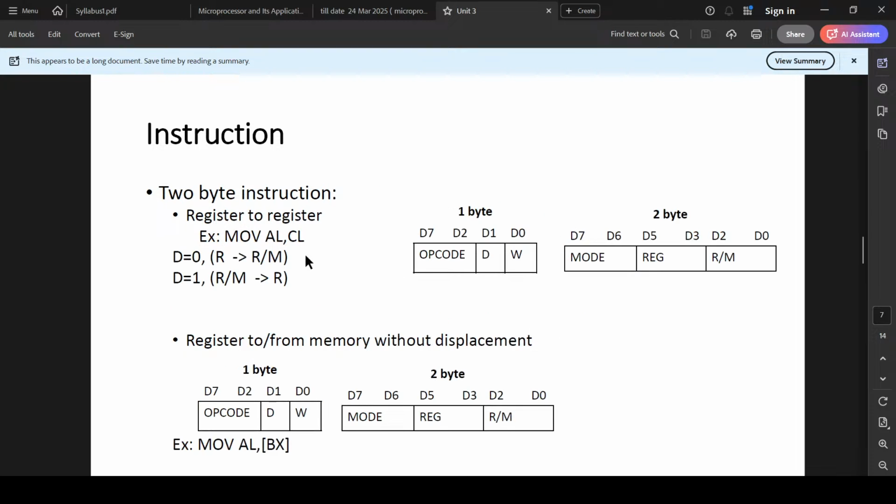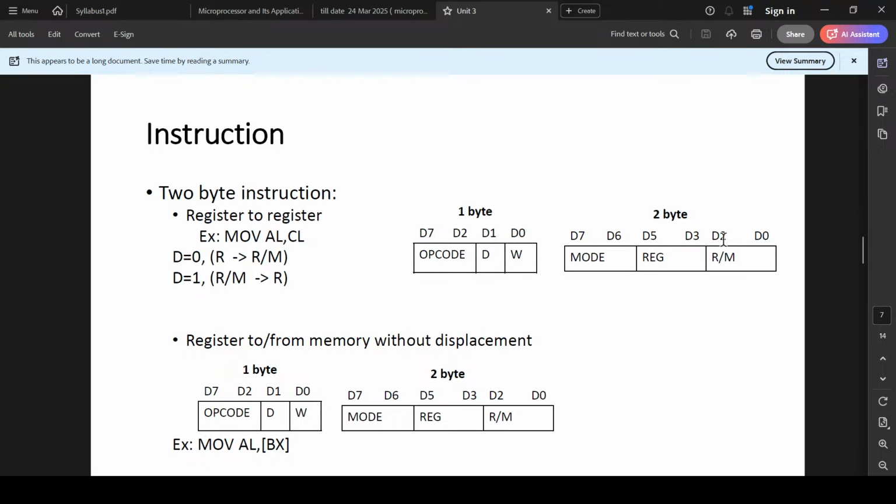Okay, 2 byte instruction. So 2 bytes means 16 bits. Take MOV AL, CL. The first byte will be like this from D0 to D7, 8 bits: opcode, D and W. D is the direction bit, 0 or 1, whether it is from register to register or memory location, or from memory location to register. And W is either 8 bit or 16 bit.